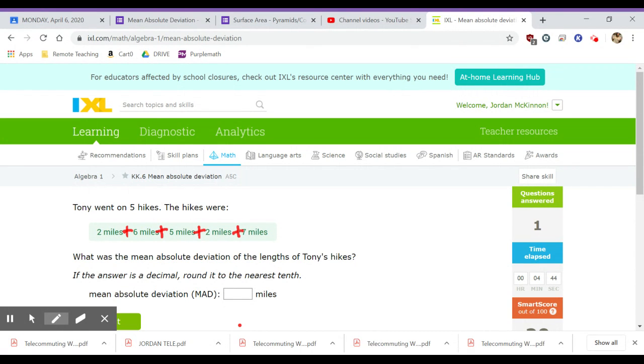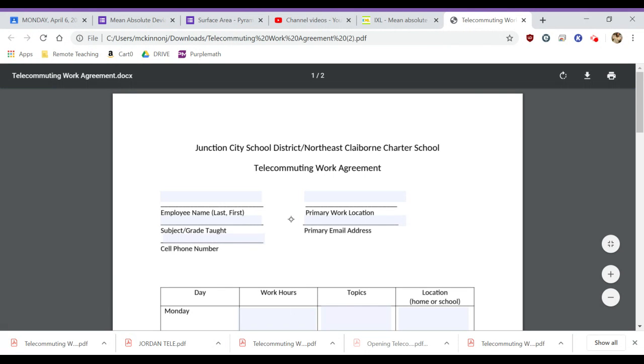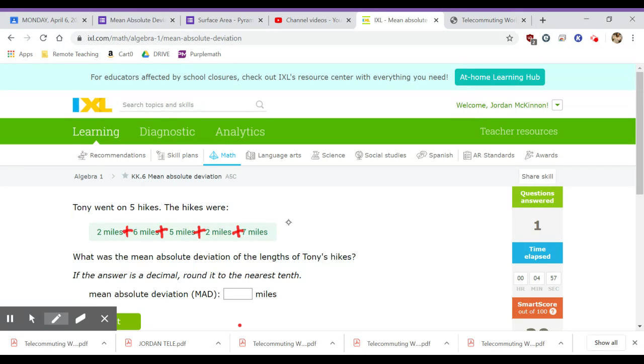That's going to equal 20. Hold on. That's going to equal 22. And I'm going to divide that by 1, 2, 3, 4, 5.